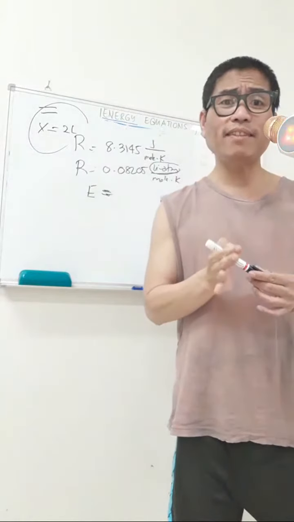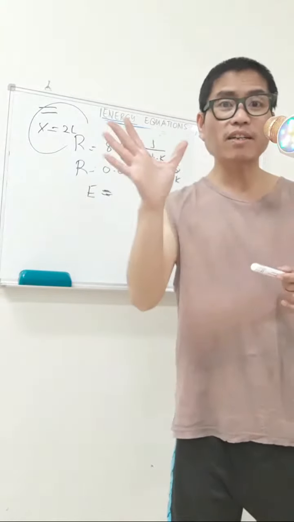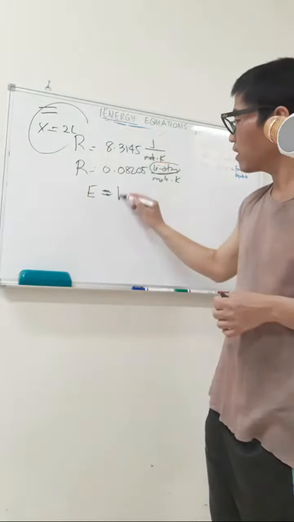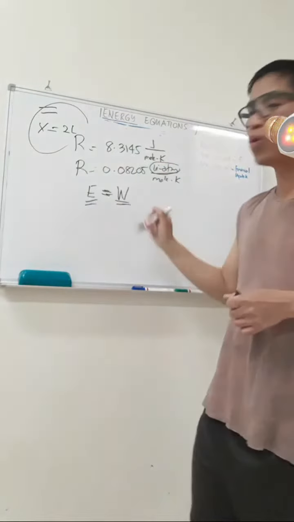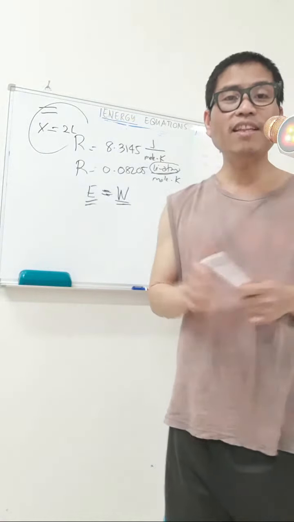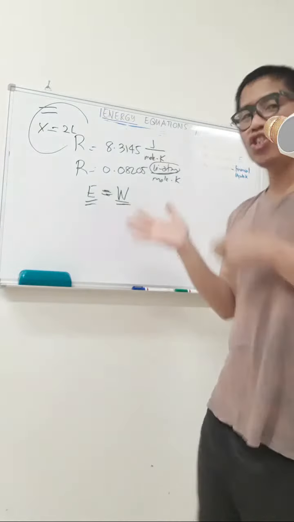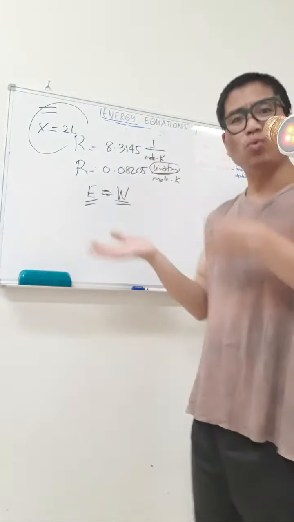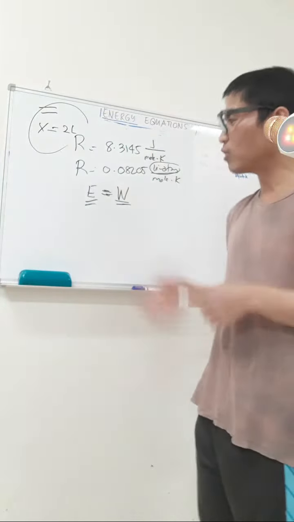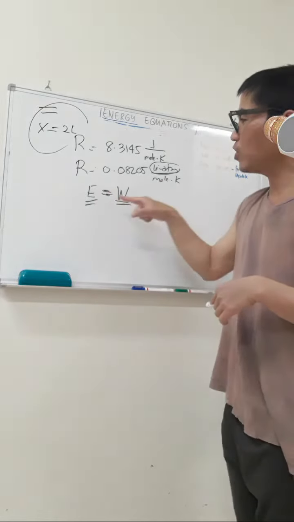So meaning to say, energy is just equal to work directly. In that definition, energy is equal to the capacity or the ability to do the work. So meaning to say, E is equals to W.